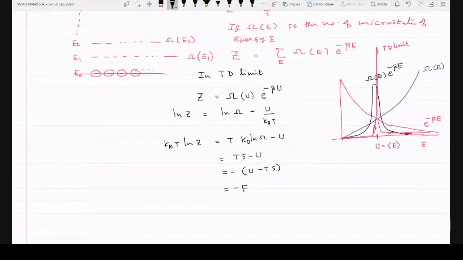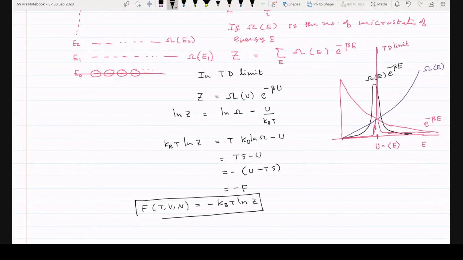So that means my F as a function of T, V, and N is equal to minus KBT logarithm of Z. This is the connecting equation of a canonical ensemble. Once you get the canonical partition function, thermodynamics is linked to this one.